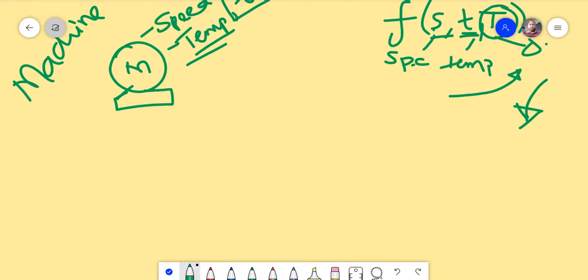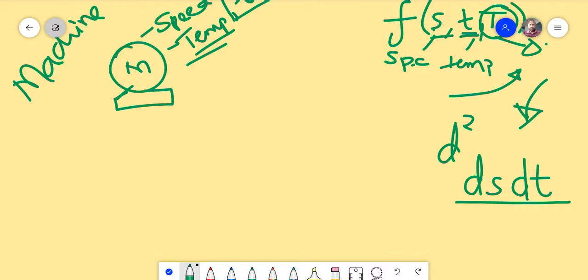In this case, we are going to have a second order differential equation, which can be written with the rate of change of speed, which is ds, and the change in temperature, which is dt, all of them varying with respect to time.